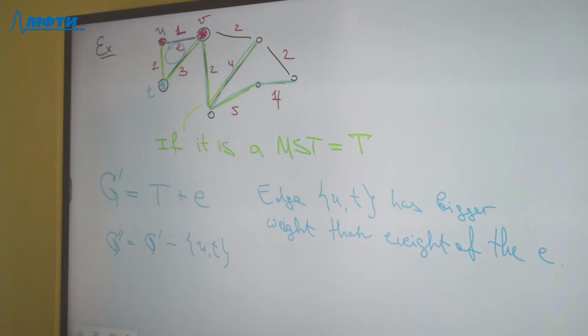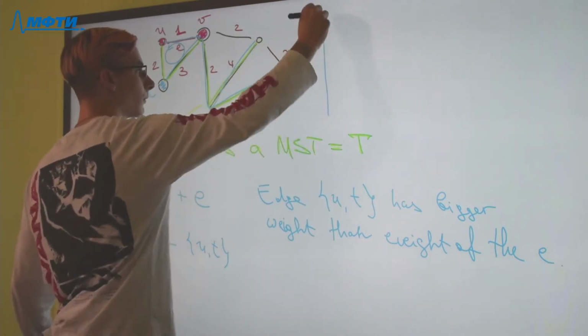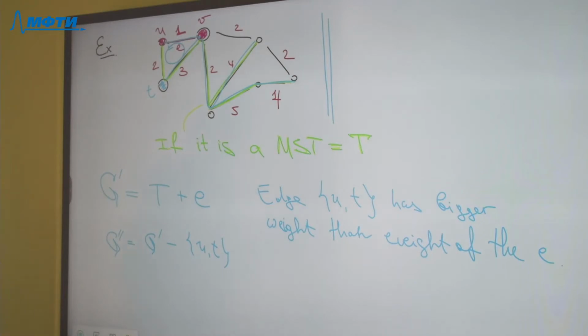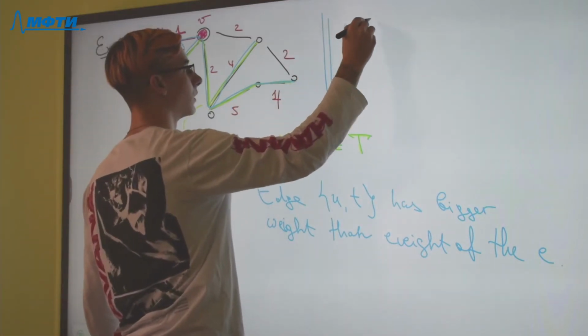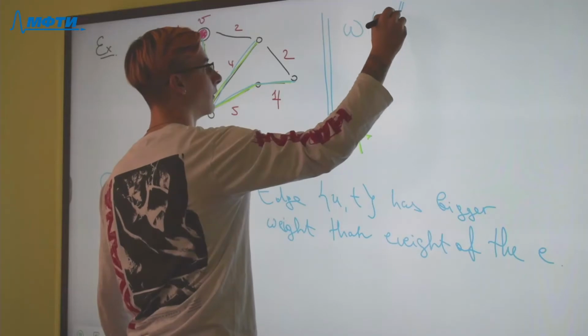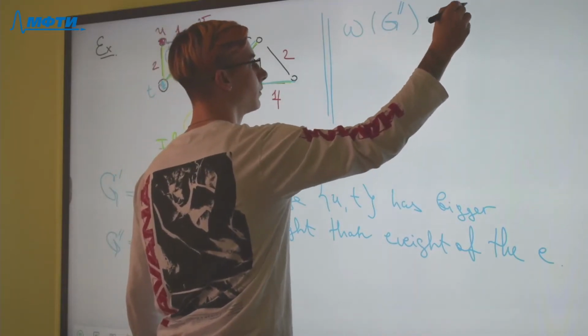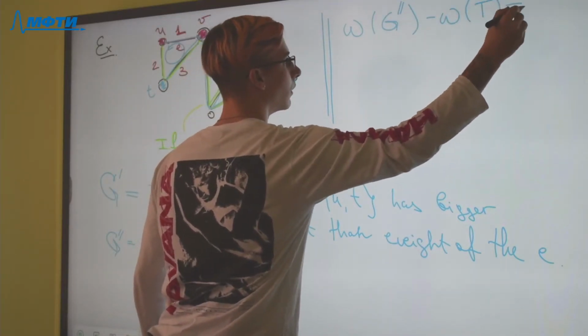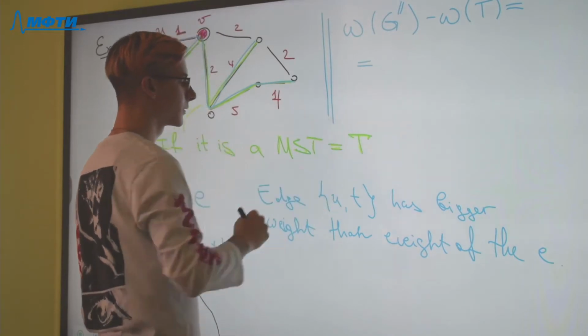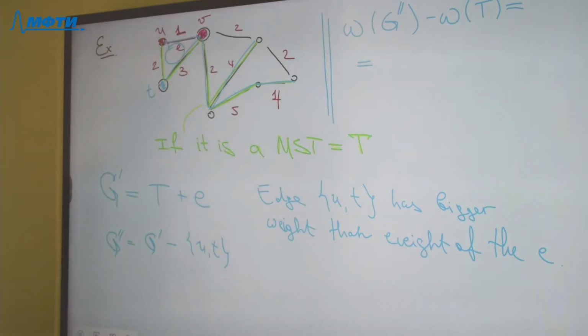And if we can find sums of weights of T and G prime, we can see that the difference between them is equal to the difference between the weight of E and the weight of this edge.